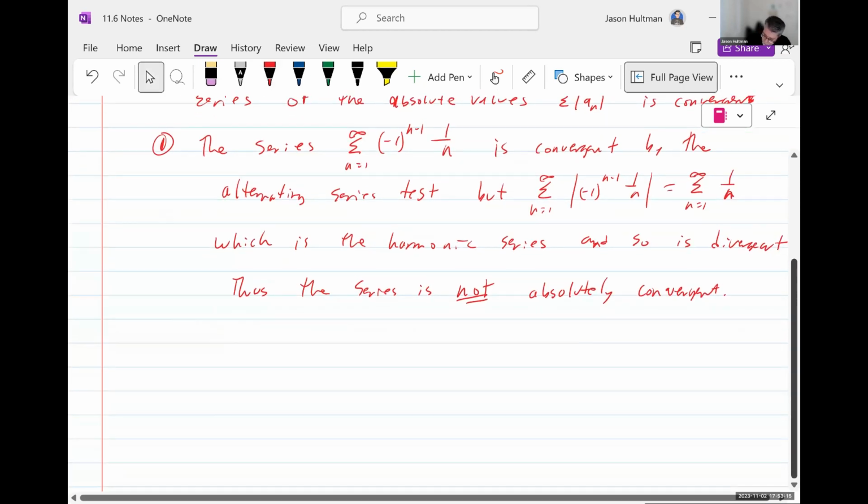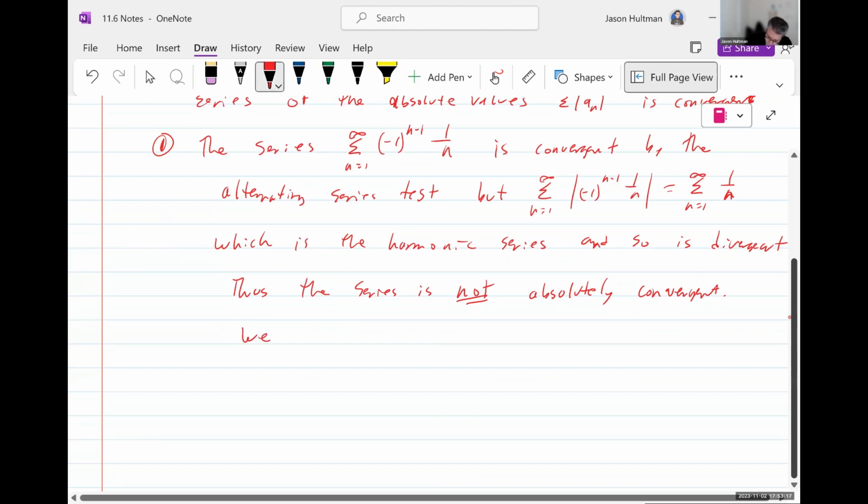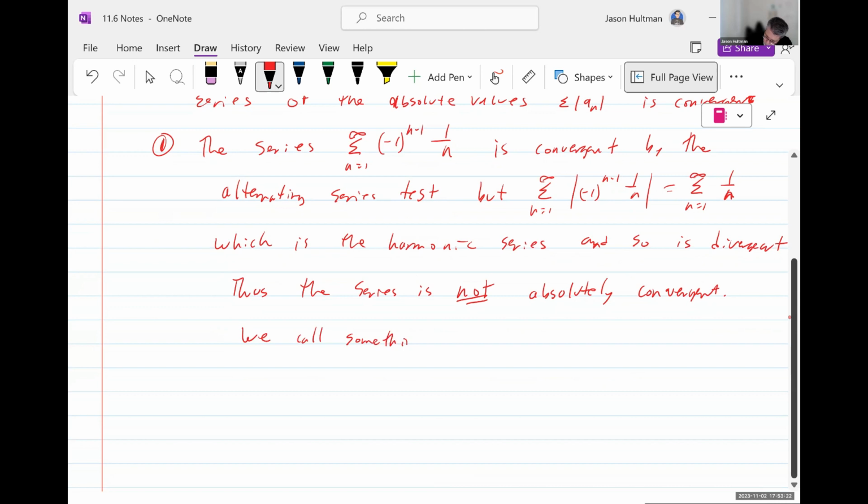Okay. We call something that is convergent but not absolutely convergent conditionally convergent.